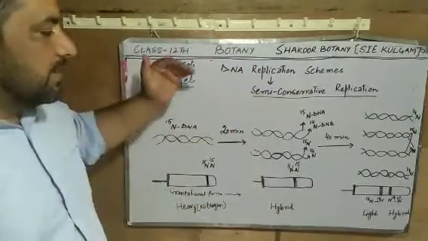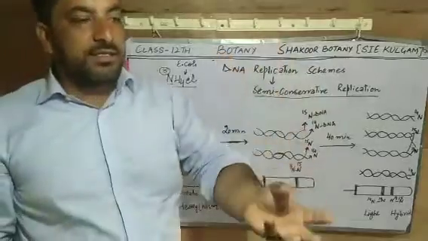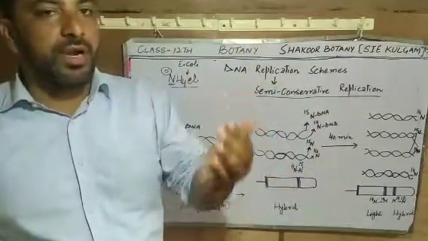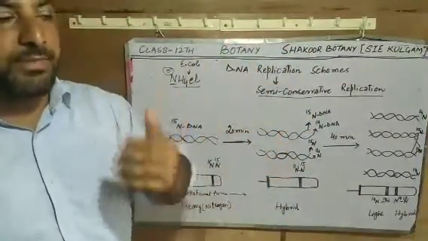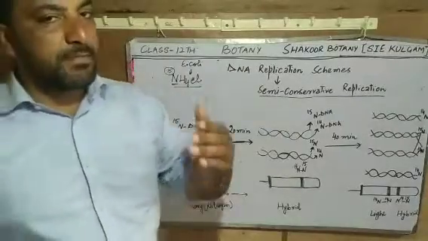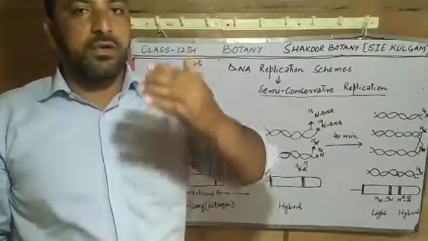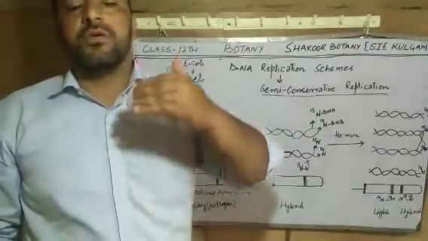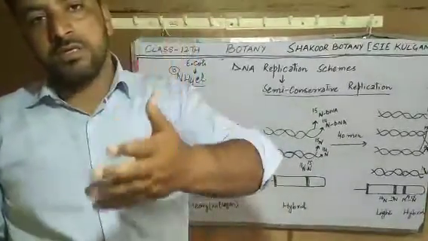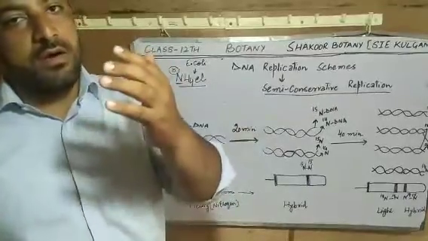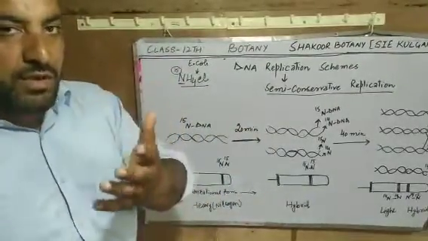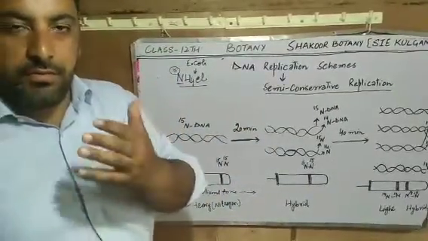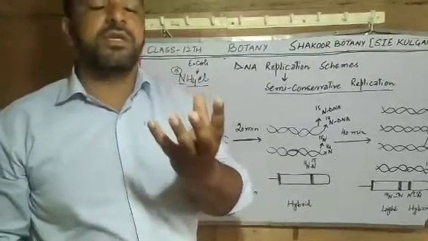What happens is that this E. coli utilizes this ammonium chloride having heavy nitrogen, N15, and this N15 gets incorporated into the DNA. Besides, it gets incorporated into all the substances or the biomolecules present in the E. coli, of which nitrogen is a part.